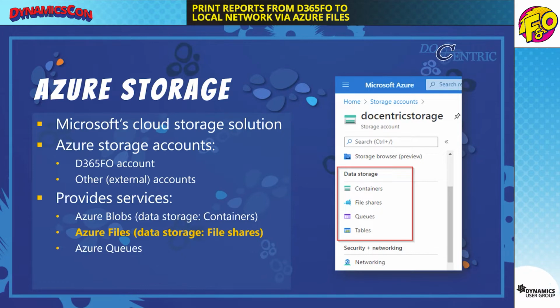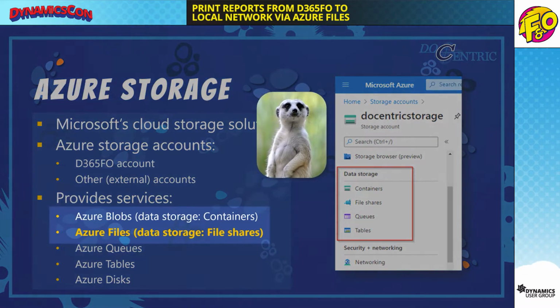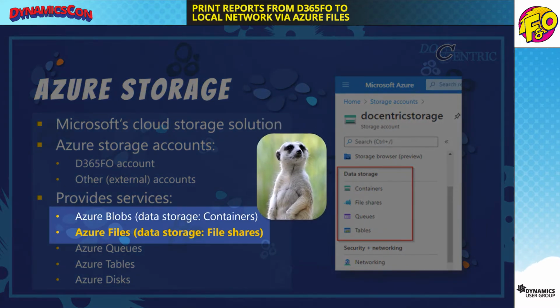Azure Queues, a messaging store for messaging between application components. Azure Tables, a NoSQL store for schemaless storage of structured data. And Azure Disks, block-level storage volumes for Azure virtual machines. Docentric provides a seamless integration with the first two data storage types.